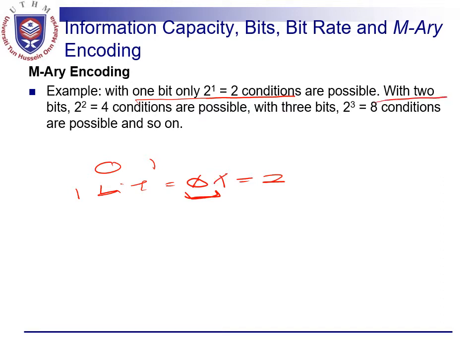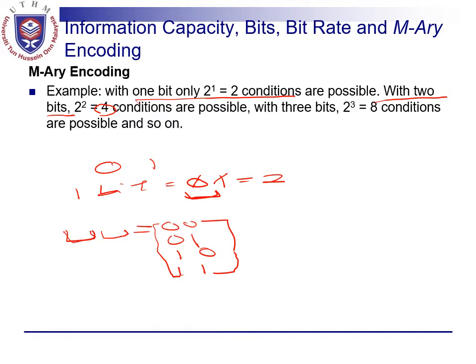Then for 2 bits, there are 4 conditions possible. The combinations that can be made from 2 bits are 00, 01, 10, and 11. So in total, 4 combinations from 2 bits.